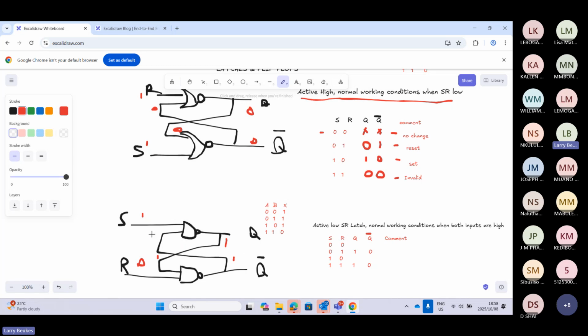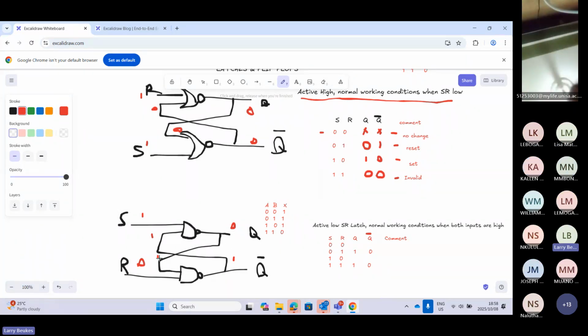Then we bring this one here, 1 1. The output is 0. So here the output will be 0. Then this 0 is gonna come down here. So 0 0, the output is 1. Then 1 1, the output is 0.